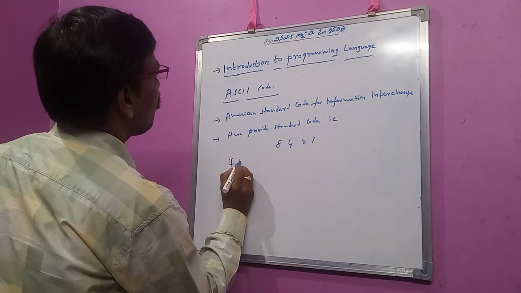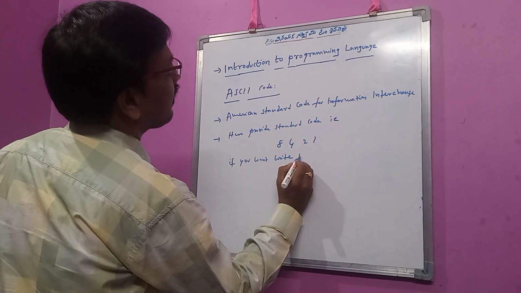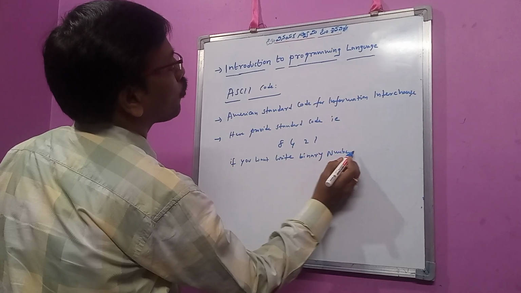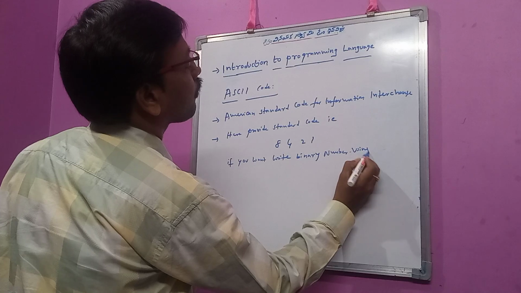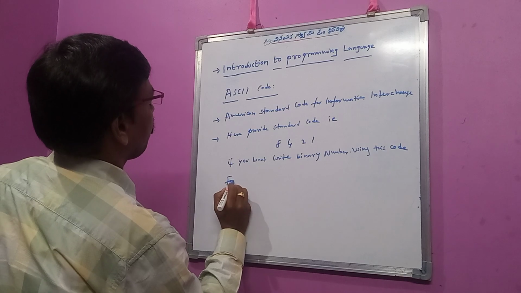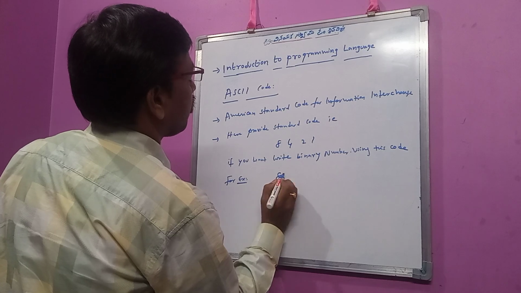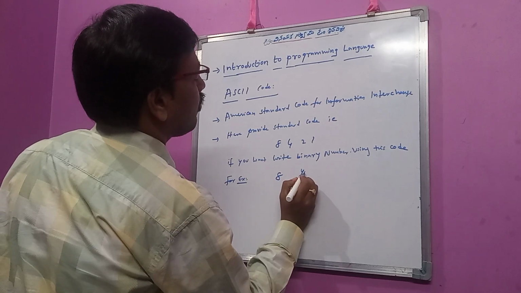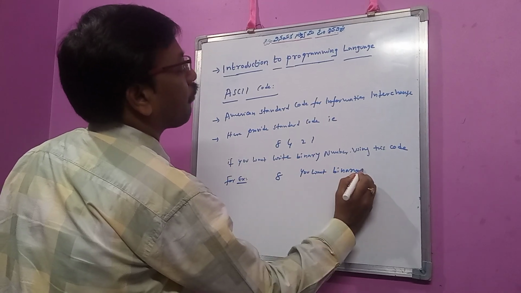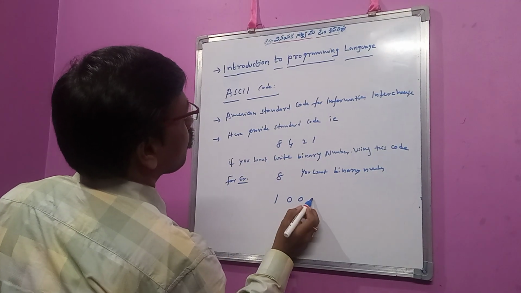If you want to write a binary number using this code, for example 8, the equivalent binary number is 1 0 0 0.